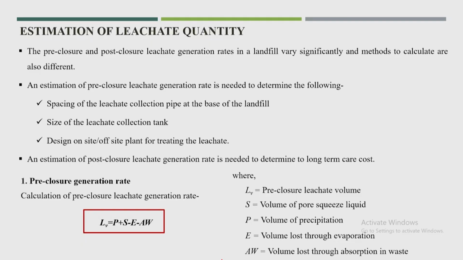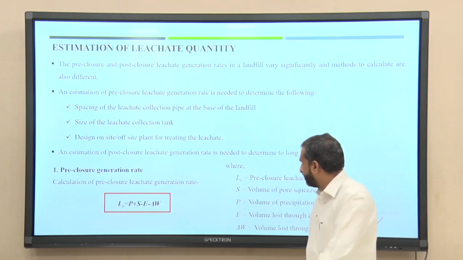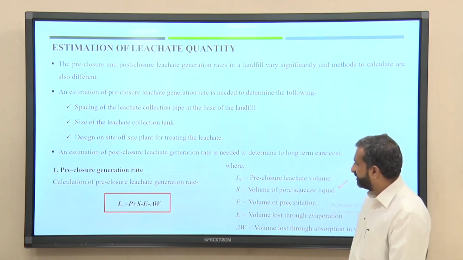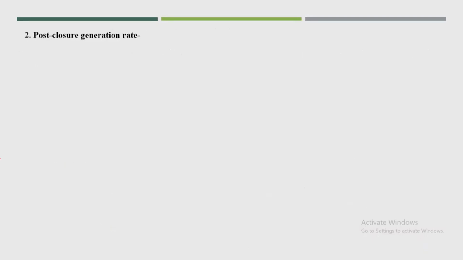To know the volume of pore squeezed liquid, you need to know the moisture of the waste material, and because of that you will also come to know how much volume loss through absorption into the waste material has to be checked from time to time. That way we can calculate how much leachate generation is possible.